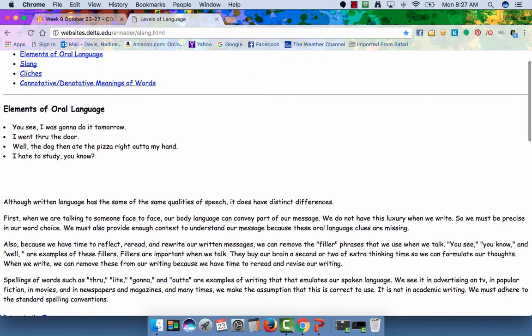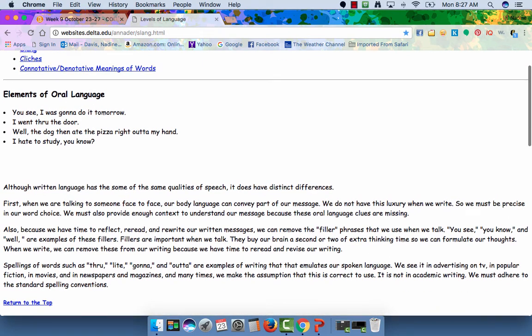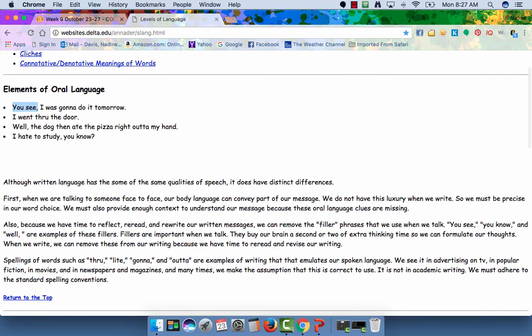So the first thing I want to talk about is we use fillers in our language. Some people use "duh," some people use actual words as fillers. "You see," "well," and those are okay because in your oral language, what you're doing is filling in with some words or some sort of strange sound to be able to get your brain to think. Did you notice how I paused there?